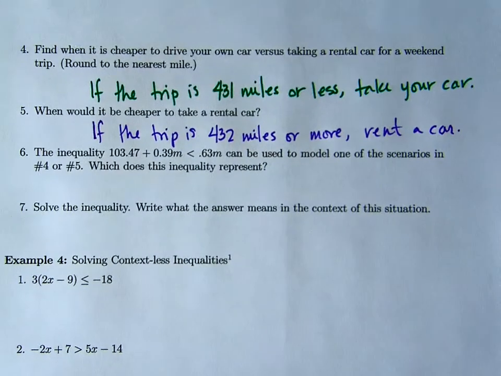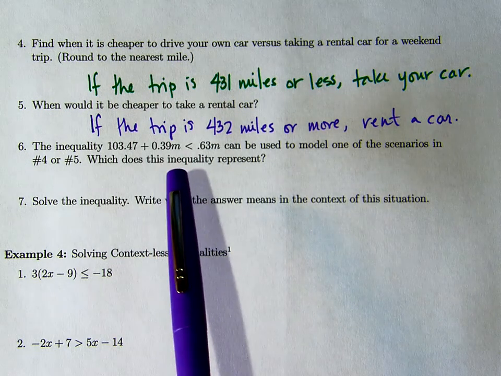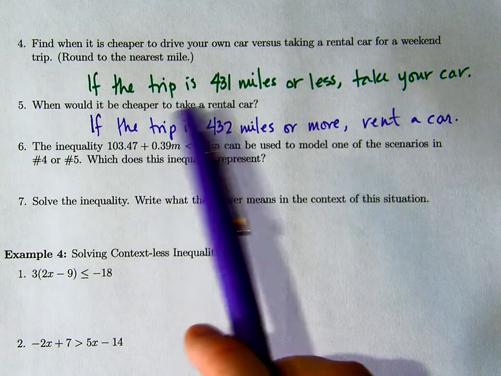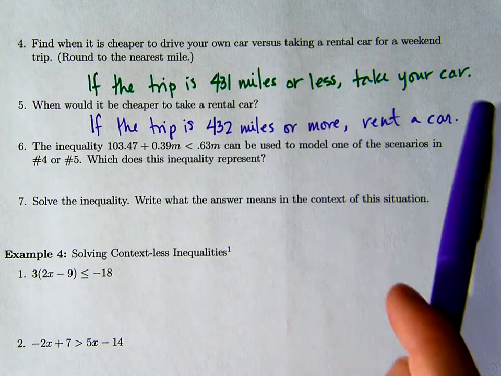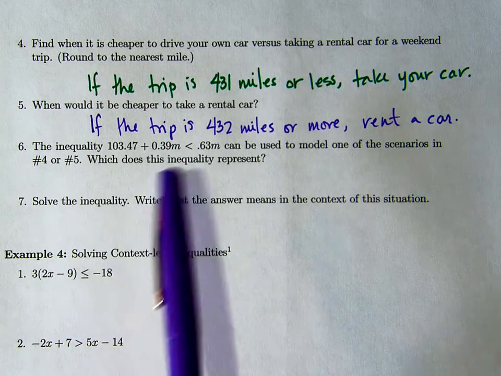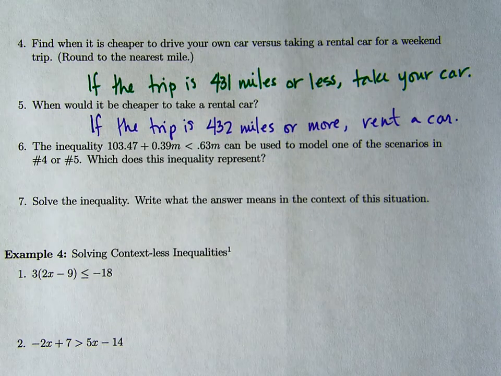Okay. And that's just pure, like, financially based instead of something like, you want to take something fancy because you're on a vacation. Whatever. Anyway. So if the road trip is 431 miles or less, it'll be cheaper to take your car. If it's 432 miles or more, then renting a car will be cheaper.